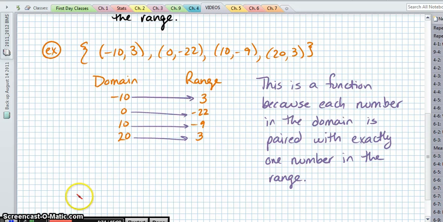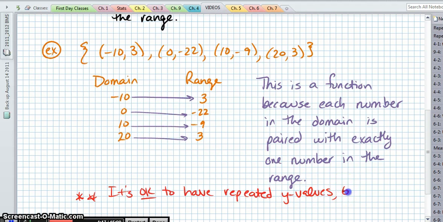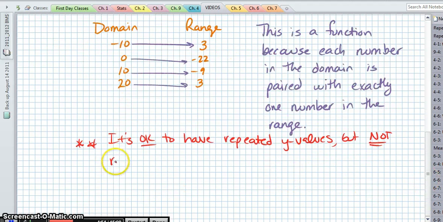Something as a general note to mention, it's okay to have repeated y values, but not repeated x values. And again, we're talking in terms of being a function.